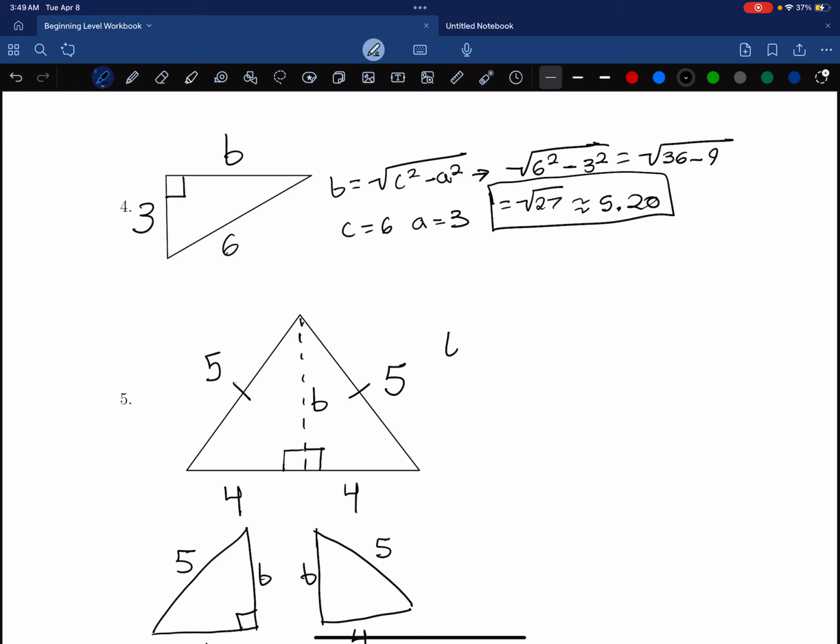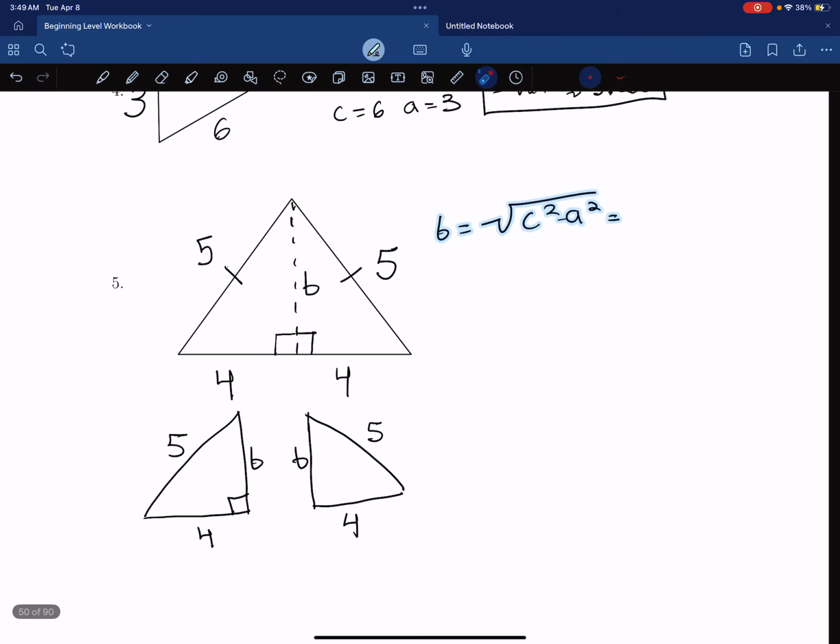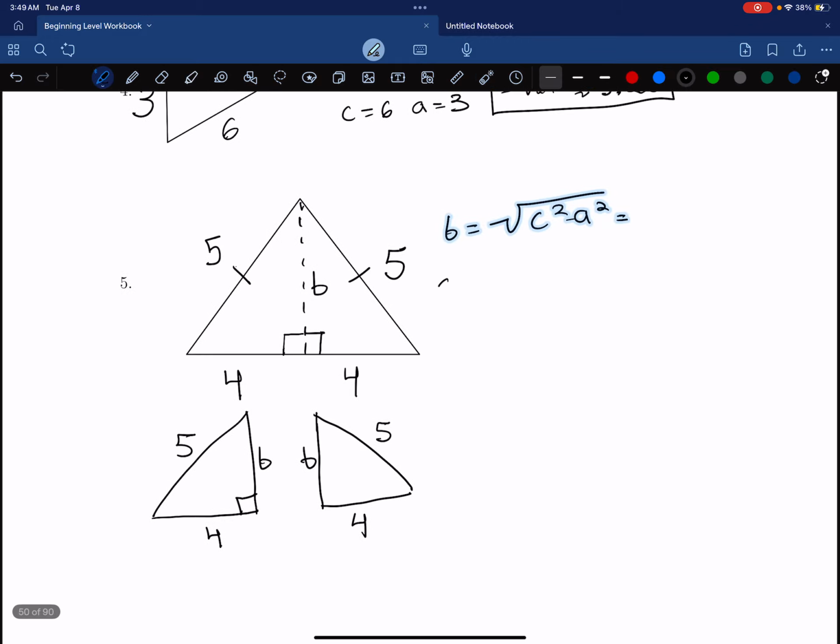So we're going to write that up. C squared minus A squared. And since 5 is our longest length, C is going to be 5. And then A is going to be 4.